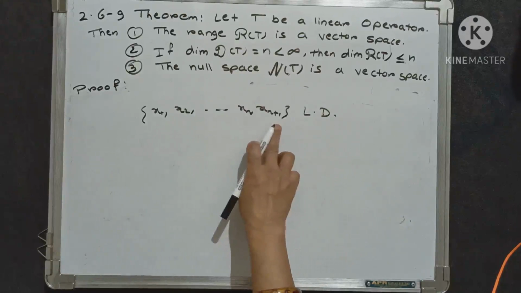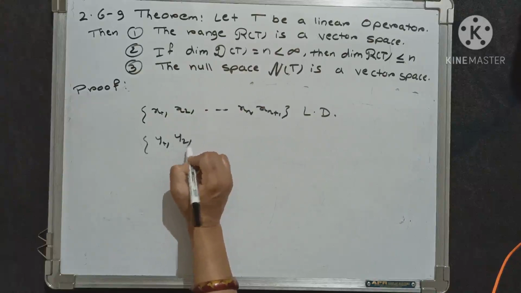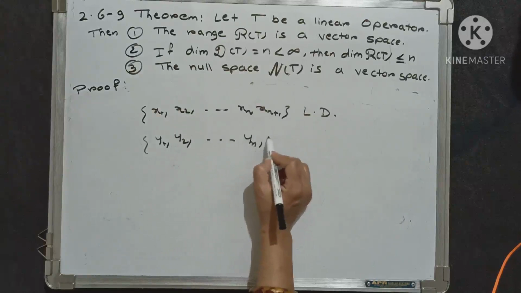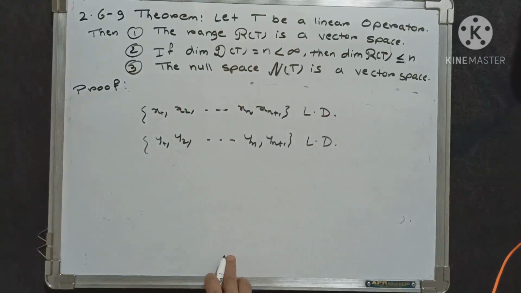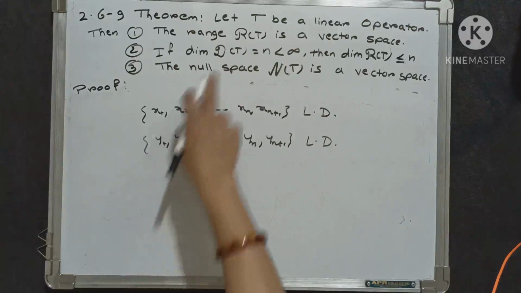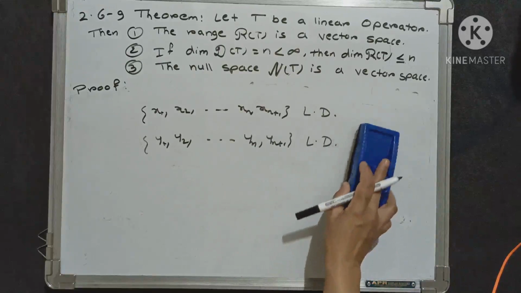From this linearly dependent set we get that y1, y2 up to yn plus 1 is also linearly dependent, and it is only because of the linear operator. That means a linear operator preserves linear dependence. We also get this result from this example.